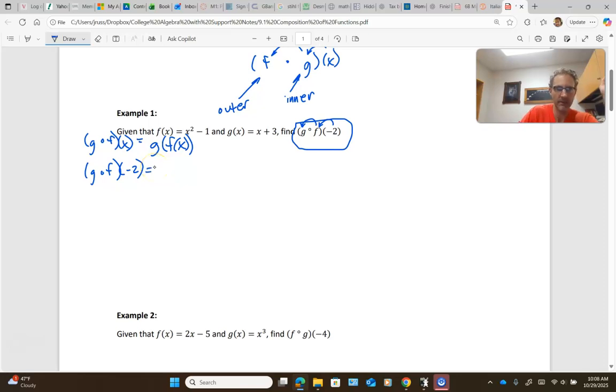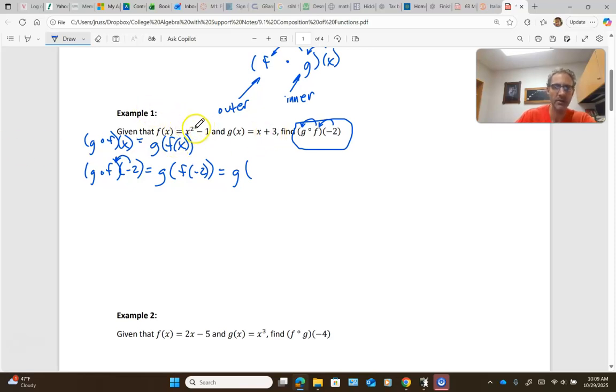So using the definition, this becomes g of f of -2. I need to figure out what f of -2 is first, so I plug -2 into f.